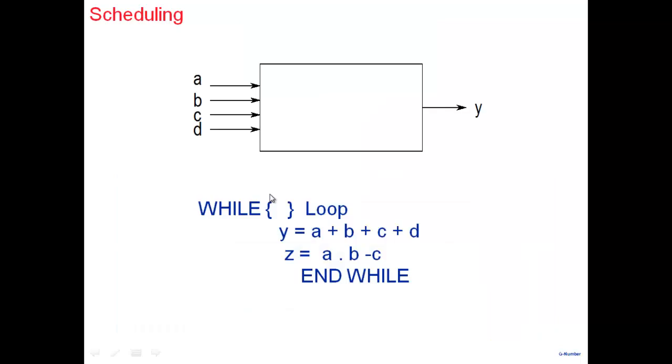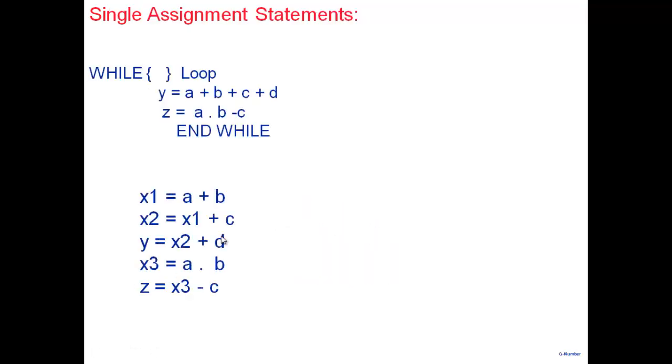So for example, in scheduling, let's take a different example. All our examples are addition, subtraction, multiplication, simple examples like this, okay? So let's say we have an example like this here, A plus B plus C plus D, A dot B minus C. So this is what we want to do. And we break it up in this manner here. As I said, there may be other ways of breaking it up, but that's not the focus right now.